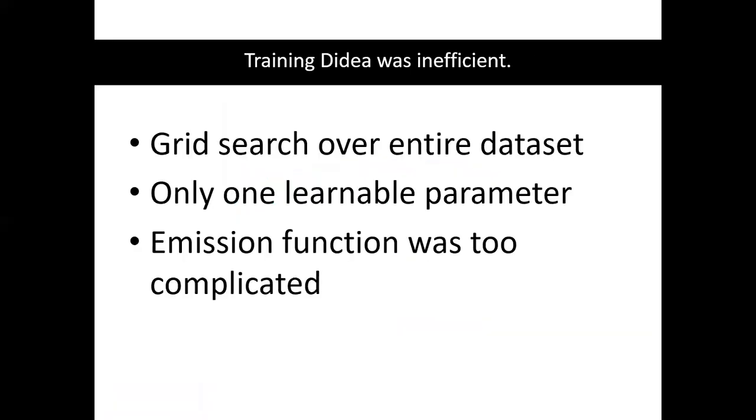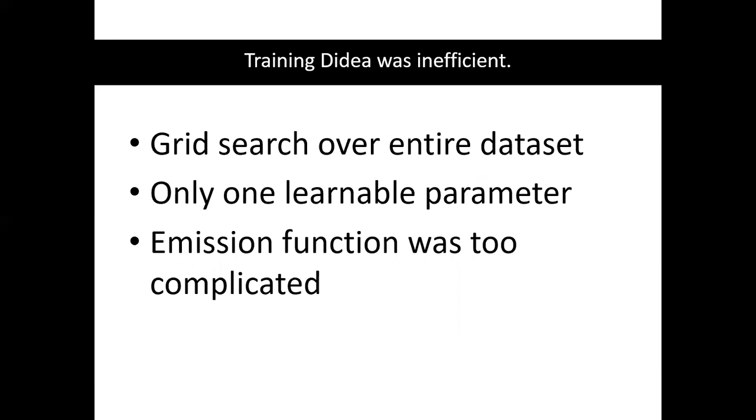What it turned out to be was what I mentioned earlier, that its training framework was highly inefficient. As I previously mentioned, when it was originally debuted, it could only learn a single parameter. To learn that single parameter required a very expensive grid search, which required evaluating an entire data set.